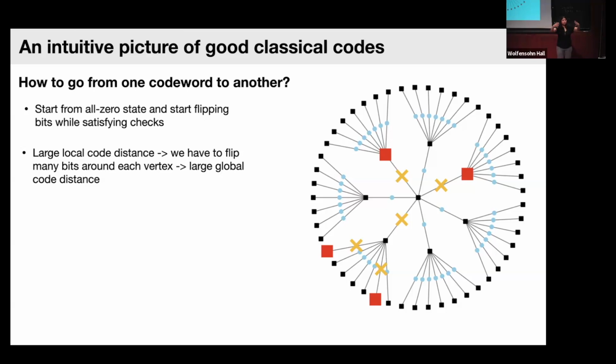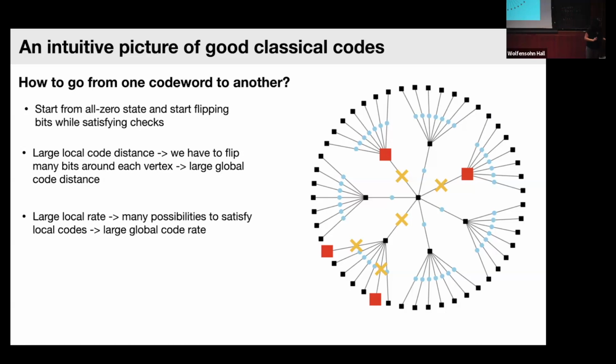And then as you keep going out, you have to keep flipping many bits locally in order to keep your graph happy. So overall, by the time you've gotten to a global code word, you have had to flip lots and lots of bits, a finite fraction of bits throughout the graph. Okay, so that's the first point.